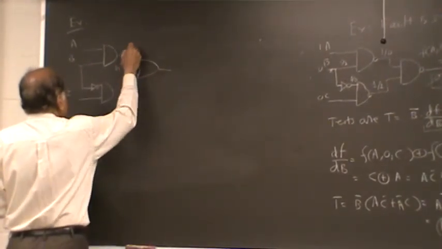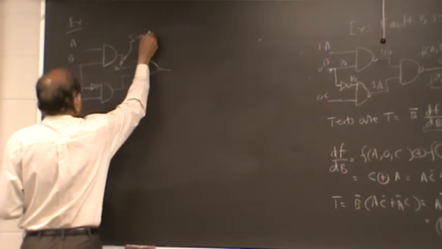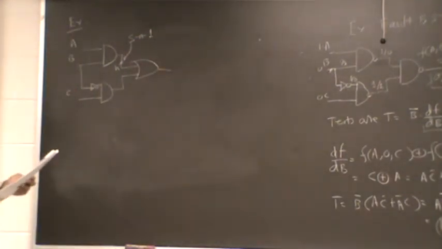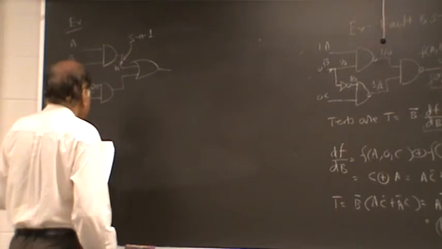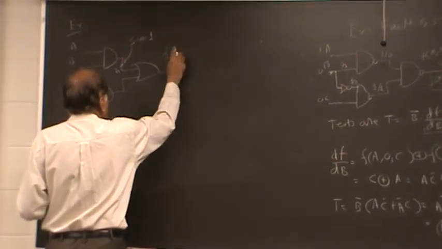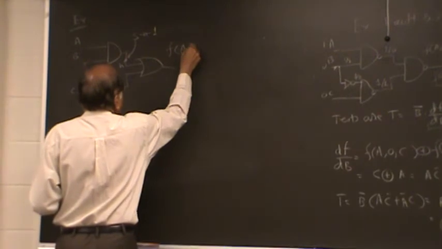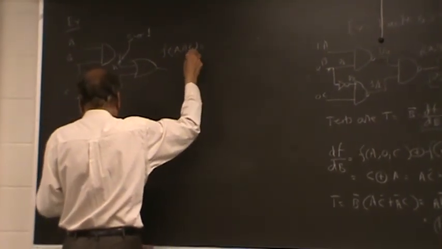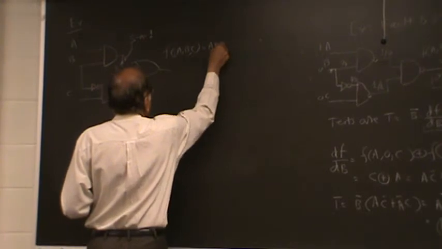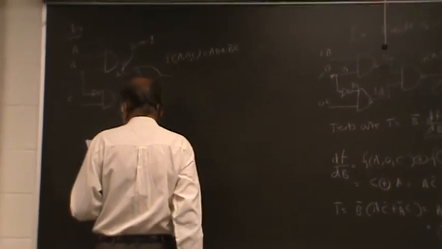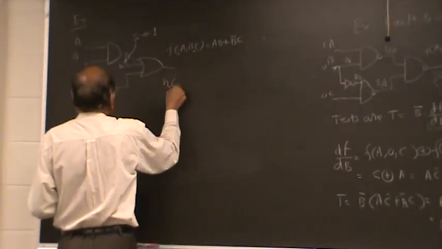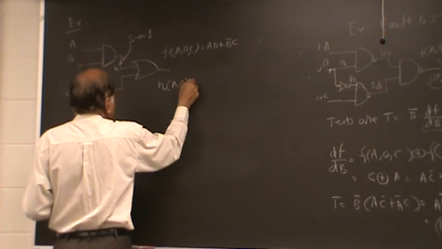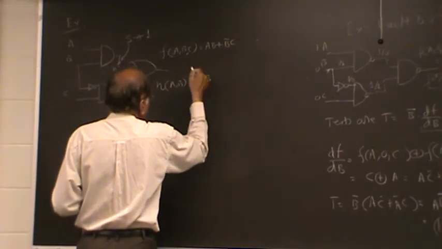This is H, and this line, let's make that stuck at 1. So our objective is to find a test for this line stuck at 1. Now this is how we would approach it. In a normal function, which is a function of A, B, and C, we write that as AB plus B bar C. Now this internal node H, which is a function of A and B, is equal to A ANDed with B.